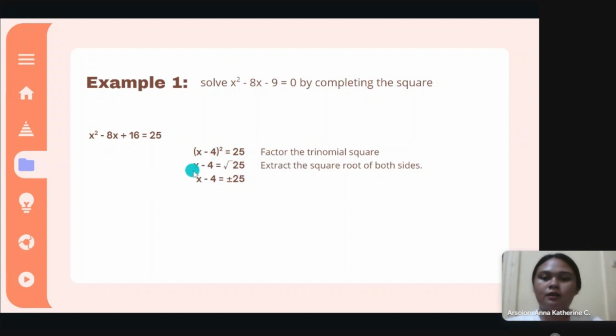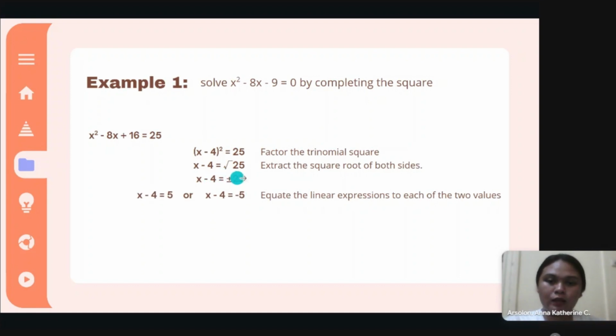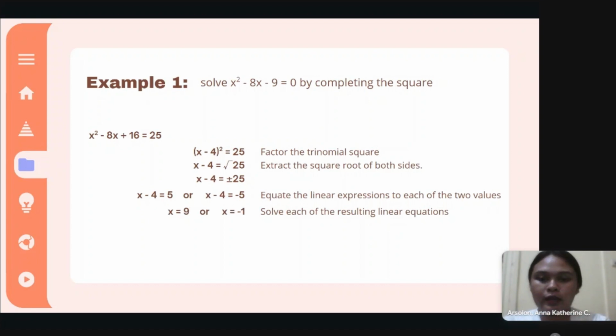So the result is x minus 4 equals plus or minus 5. Next is to equate the linear expressions to each of the two values. Since we have plus or minus here, we split it. So we will have x minus 4 equals positive 5, or x minus 4 equals negative 5. We solve each of the resulting linear equations, and we get x equals 9 or x equals negative 1.